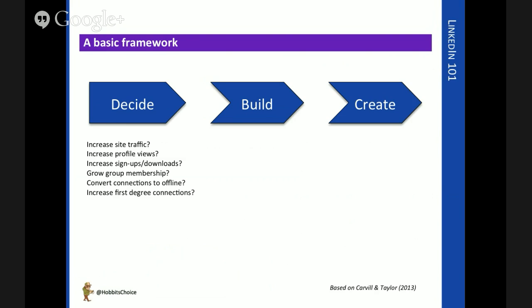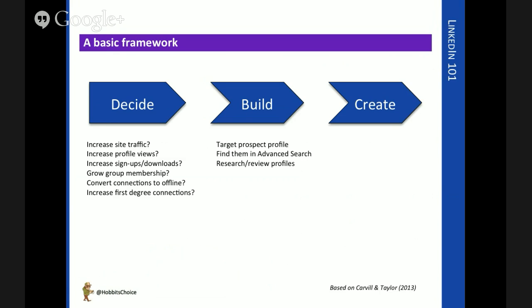Increase views of our profile within LinkedIn? Do we want to increase the number of sign-ups or downloads for a product or a service? Grow membership? Are we using it mainly to convert people to offline conversations to do business that way, or do we want to do business directly online? Perhaps all we want to do is spread our network and have more first-degree connections.